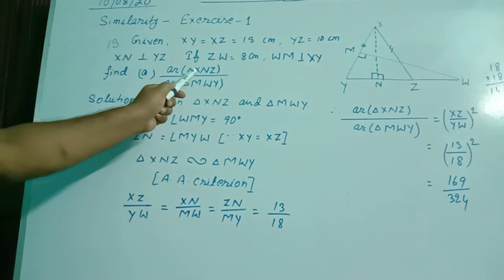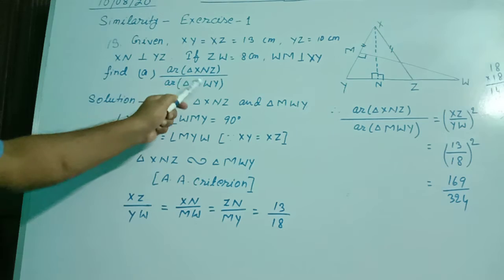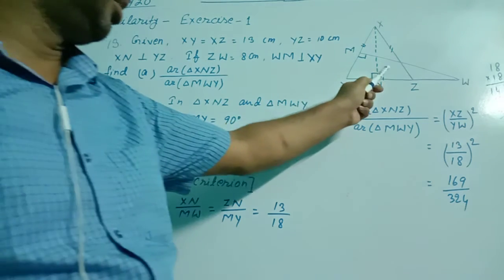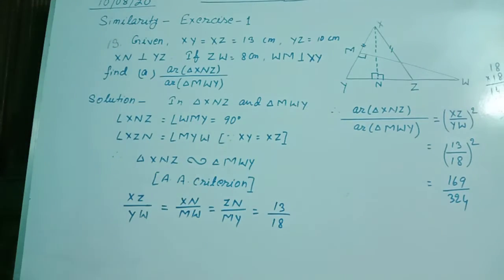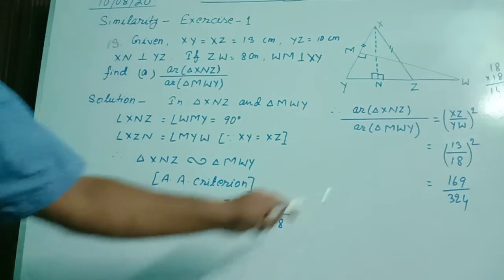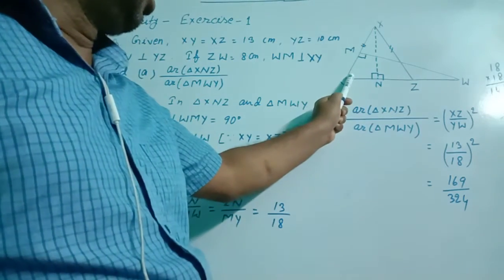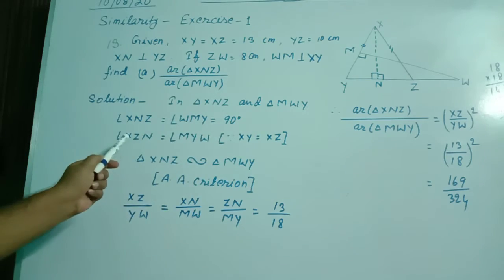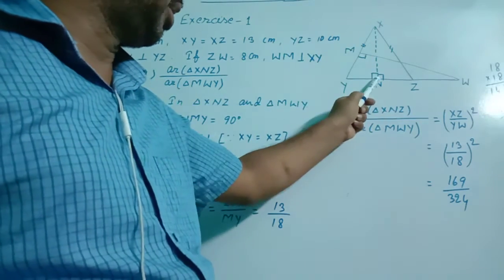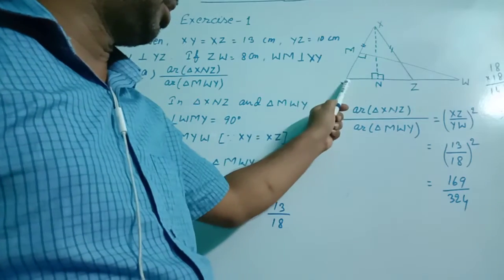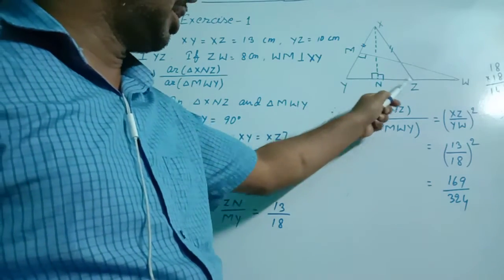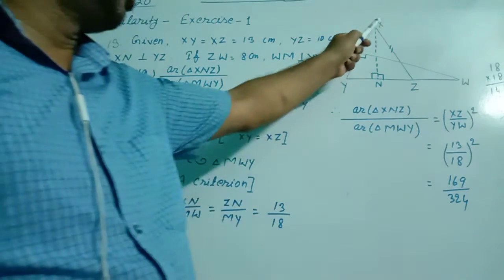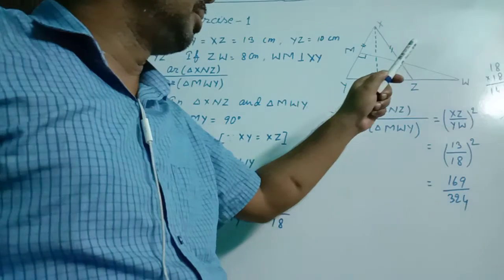So first of all, I proved these two triangles are similar because angle XNZ equals angle WMY. This is 90 degrees, this is 90 degrees. Second, this angle equals this angle because given here XY equals XZ. For that I wrote XZN, because we could write XZY, but XZN lies in triangle XNZ, so I wrote XZN equals XYW.